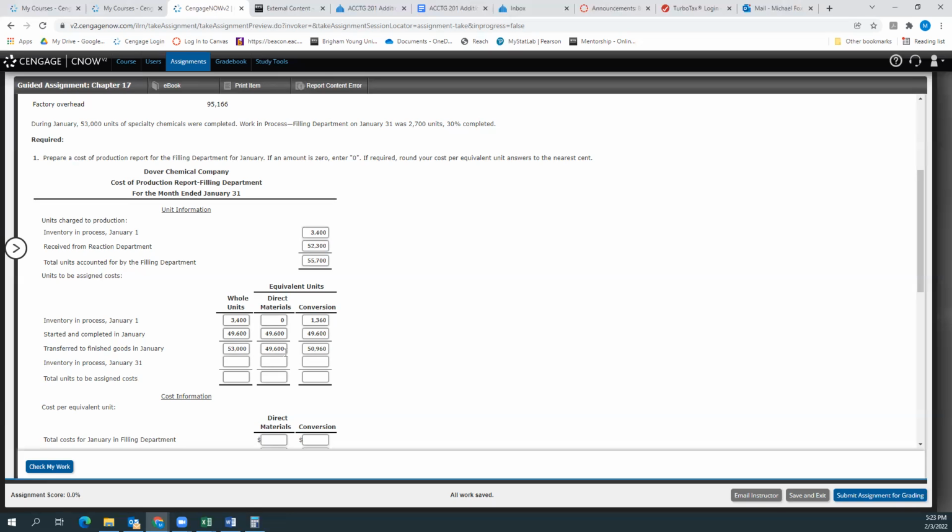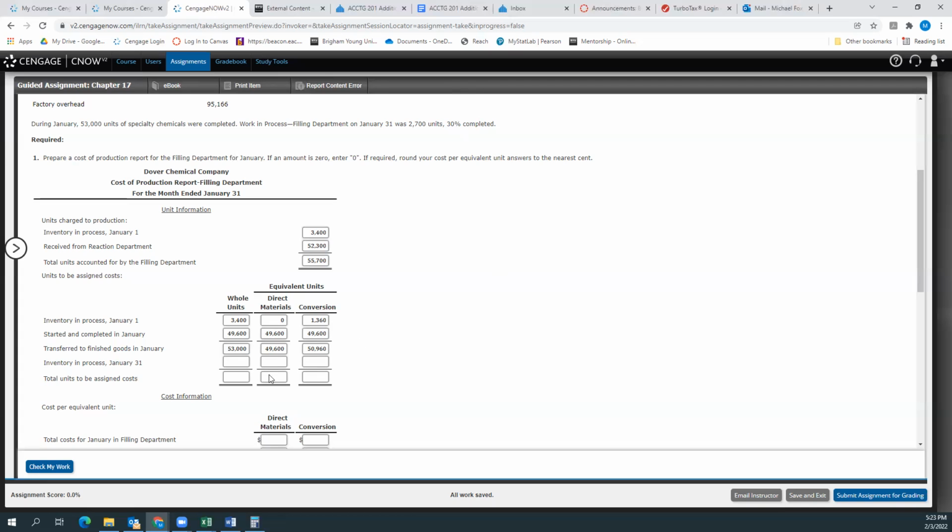We just only had to do or add to it the direct materials for 49,600 because 3,400 units worth of materials had already been applied at the beginning. And the same concept here. So I don't know if that makes it clearer. If you're still struggling with the concept of equivalent units, you might want to read through this section in the book because it's a little abstract and a little bit weird.